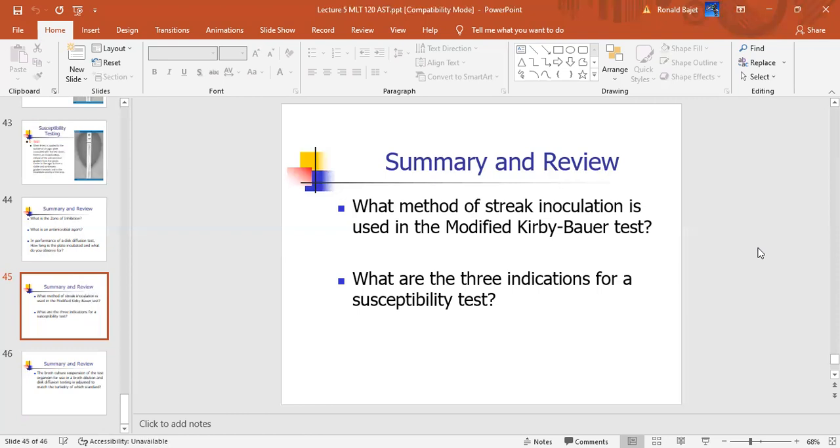Are there any questions? So today we have blood and MacConkey agar. Everybody will take one blood, two bloods, and two MacConkeys.